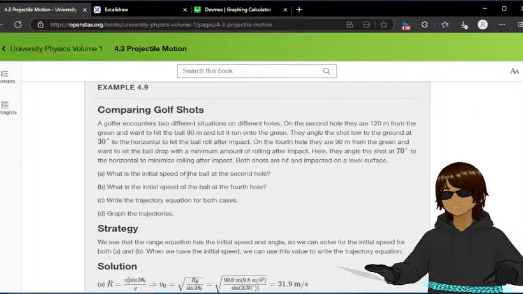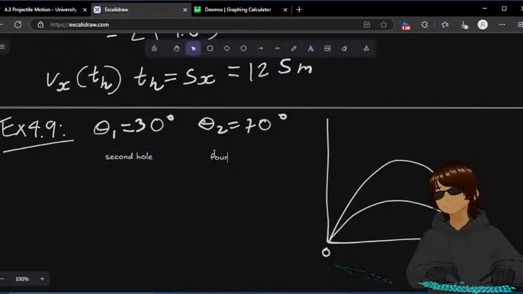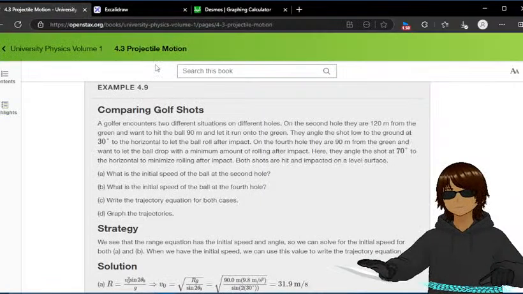What is the initial speed of the ball at the second hole? I don't get what they mean by second hole, fourth hole, or rolling on the green, whatever. Initial speed of the ball at the fourth hole.